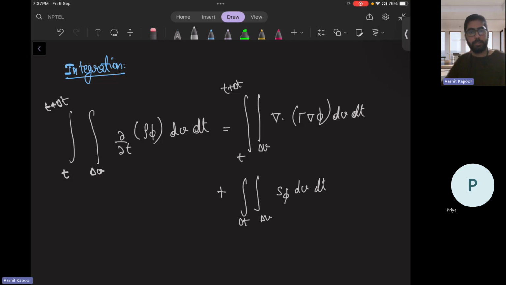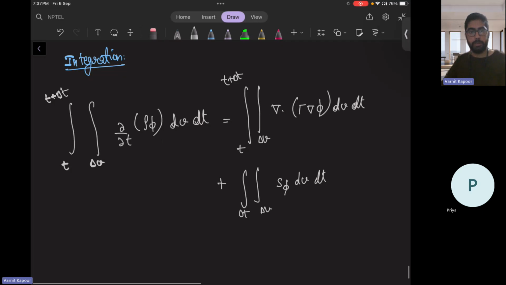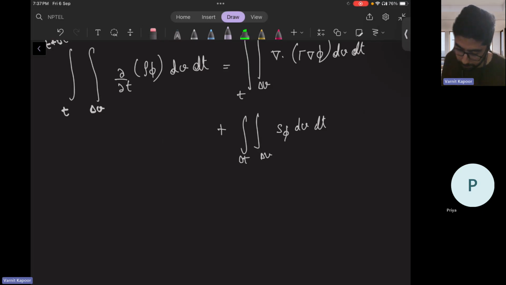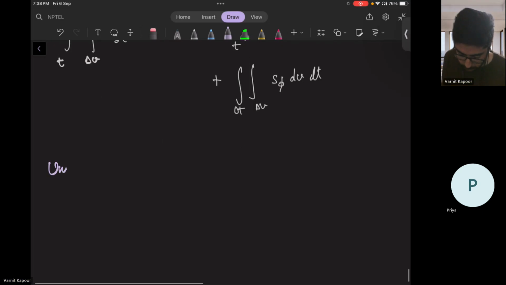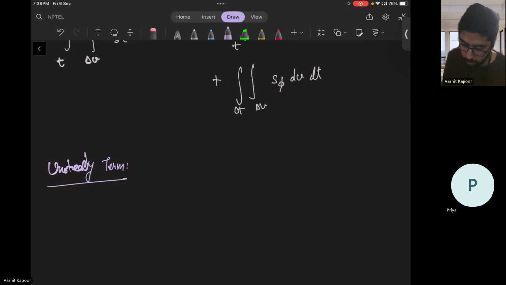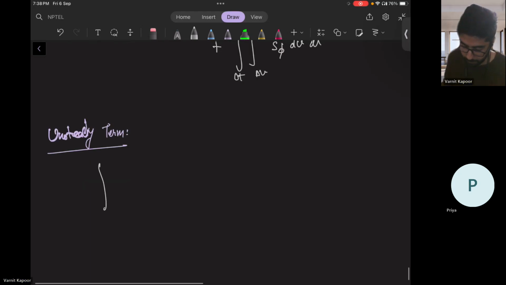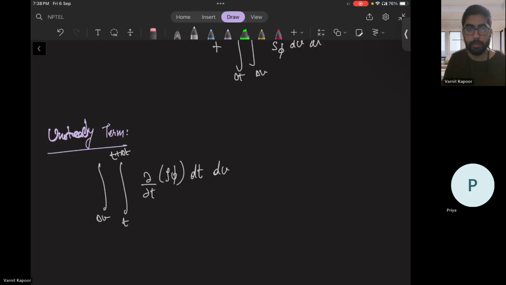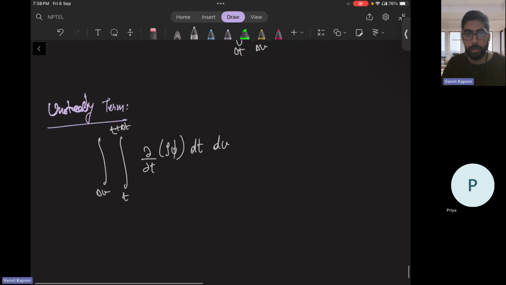First, you will see the dt term, the unsteady term. Let us see the unsteady term. So my unsteady term is the integral from t to t plus delta t of ∂/∂t of ρφ dt dV. So I have to integrate.